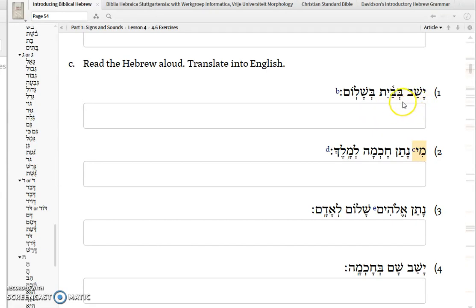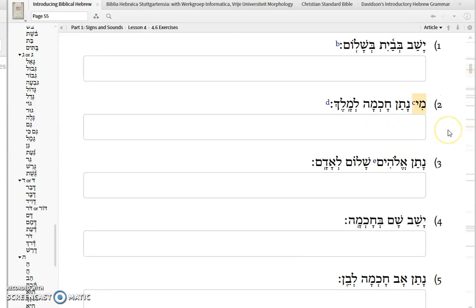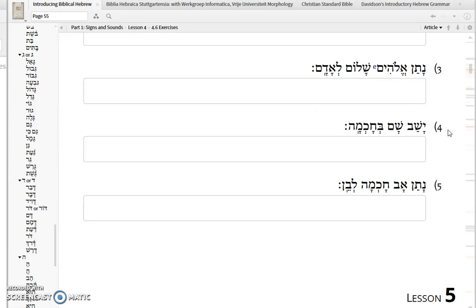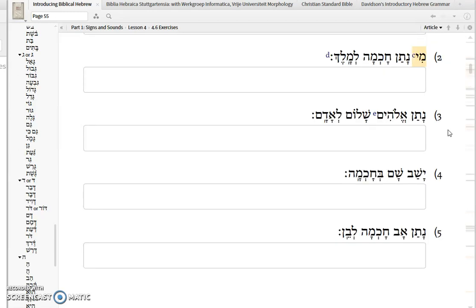He dwells, and then ba is in, and bayit is house. So he dwells in a house, b'shalom, in peace. By the way, if there is no article on a word, then you could translate it with a. So he dwells in a house in peace. Anyway, you should do that for all the other exercises as well.